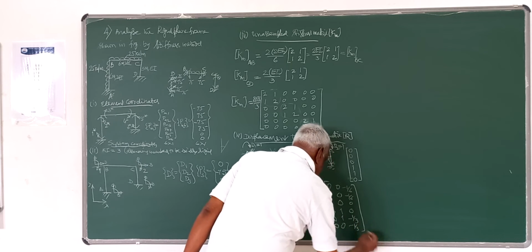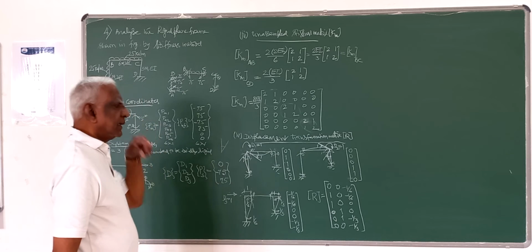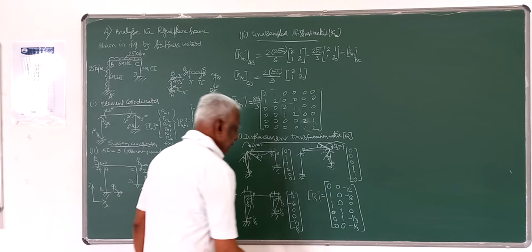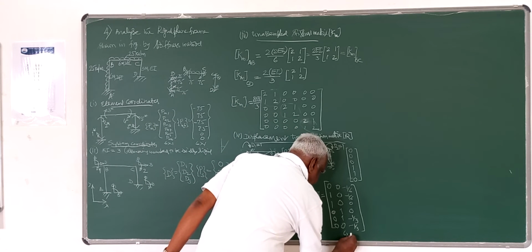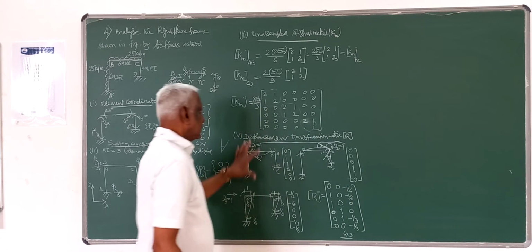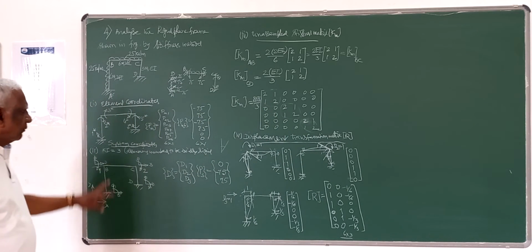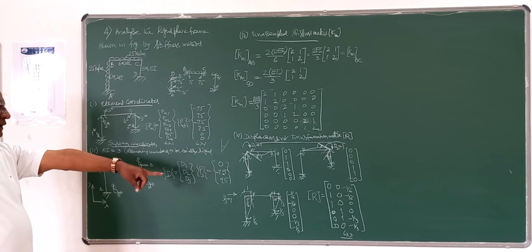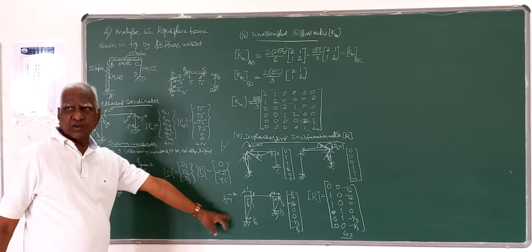So this is the displacement transformation matrix. It is a 6 by 3 matrix. That's all. So in case of a rigid plane, this is another thing which you have to remember.